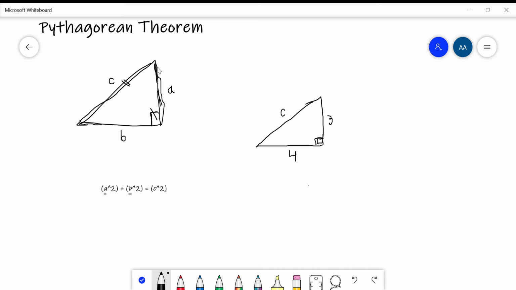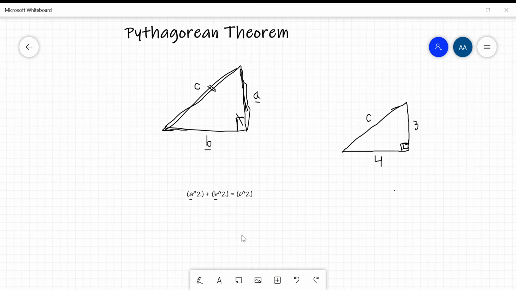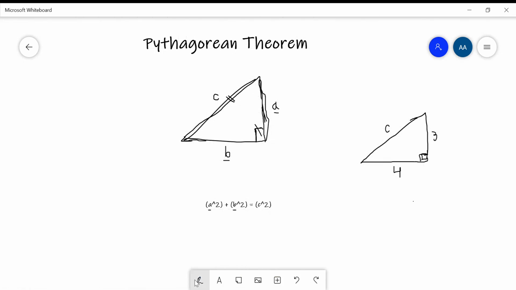Each of these sides, A and B, are commonly known as the legs of the right triangle, and they are the shorter sides. Out of the three sides, these two are the shortest. It doesn't matter which one is shorter between A and B, it's just that they're not the longest.